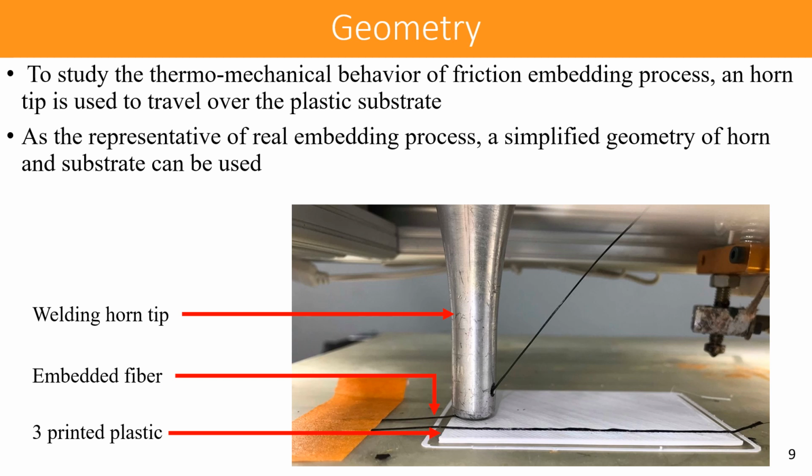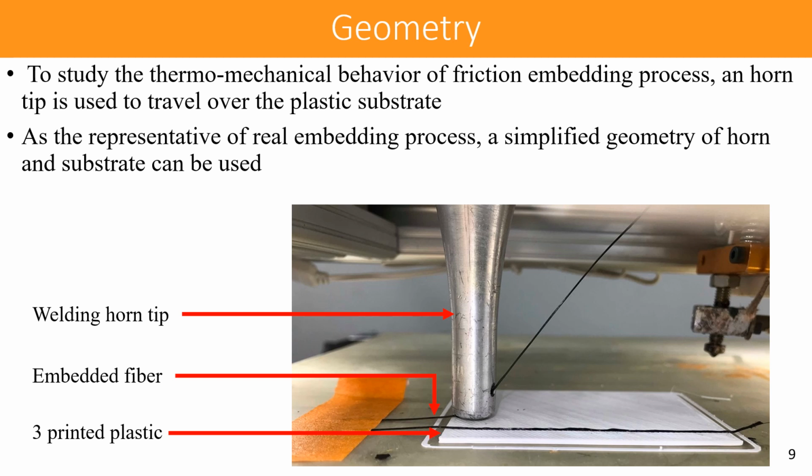You can see that I've been working on embedding carbon fiber on a plastic substrate. To study the thermophysical behavior of the friction embedding process, I use an ultrasonic horn that travels over the plastic substrate. As a representative of the real embedding process, a simplified geometry of the horn and substrate can be used, with all the boundary conditions set up.